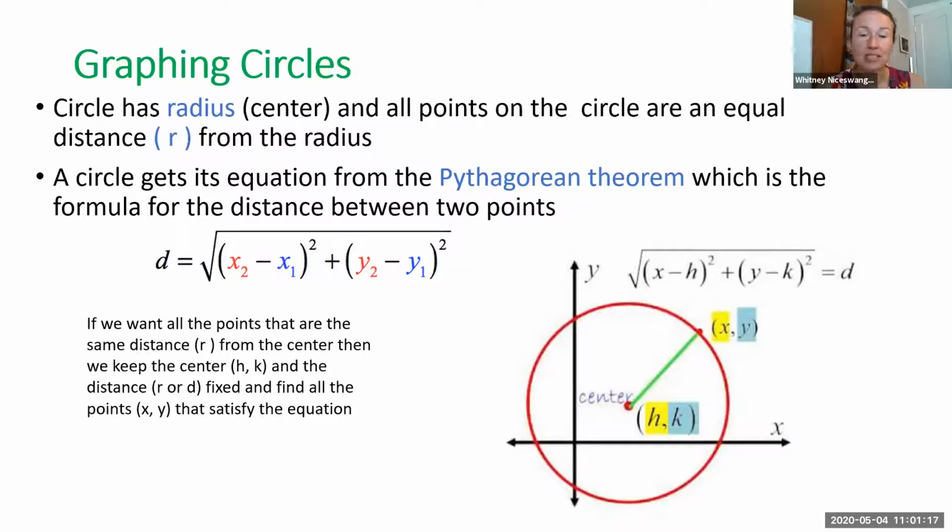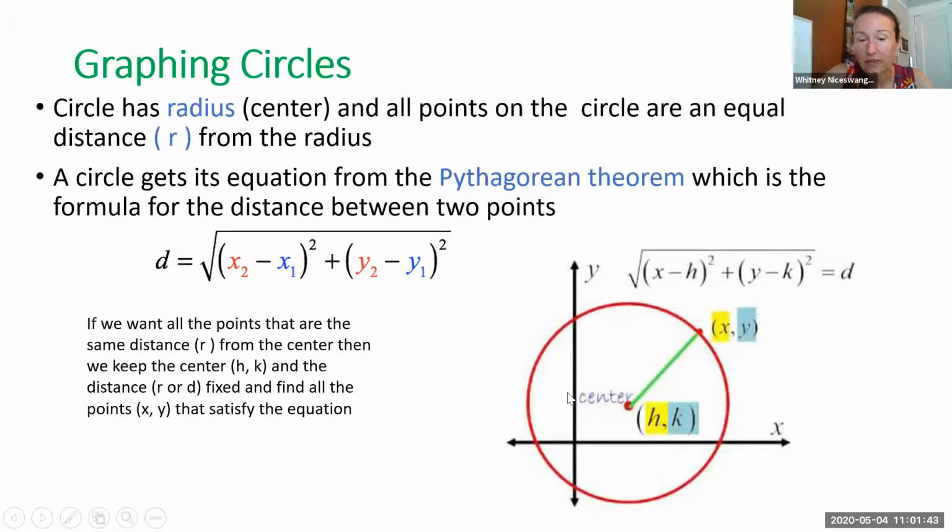So now what happens is we're not just using any random 2 points. One of those points is going to be our center, and it's going to be fixed, okay? And now we just want all the other xy's that solve that equation for a fixed distance or radius, okay? So we use that Pythagorean theorem formula and we get the circle formula.